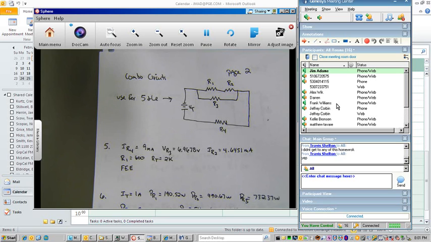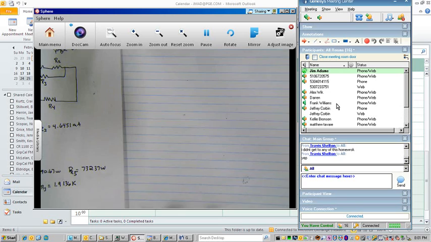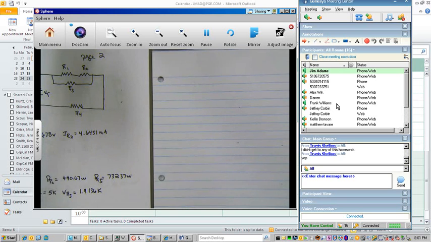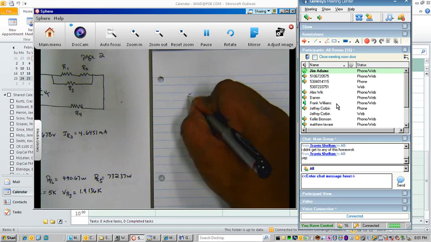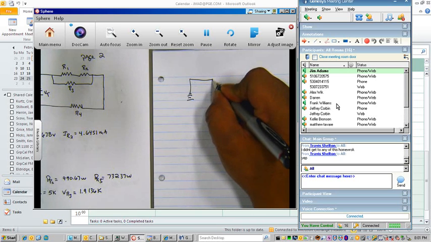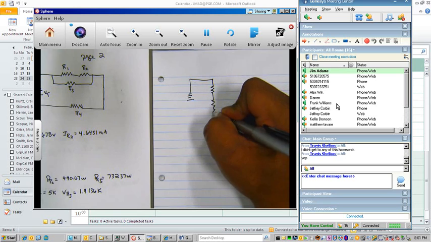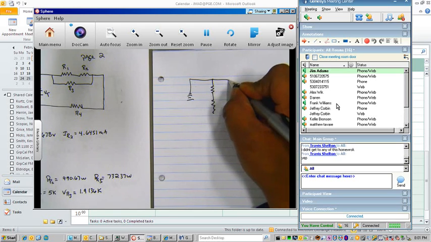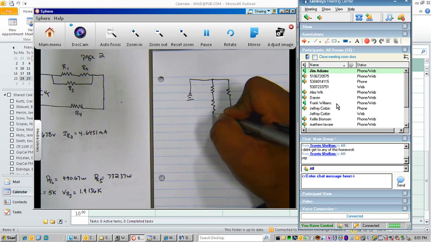So let's see. 888.89. So yeah, basically 2 milliamps. Yeah, I got 1.99999 something. So that's basically that problem. Okay.